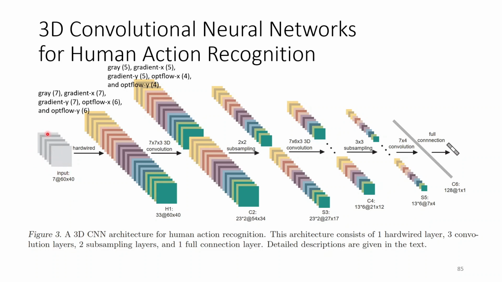Then here, the authors convert the input videos into gray. Since there are 7 frames, there is a group of gray features. It just converts the RGB layers into grayscale layers, and there are also gradients along the x-axis and gradients along the y-axis, and optical flow along the x-axis and optical flow along the y-axis.